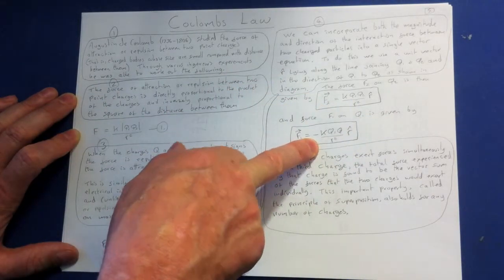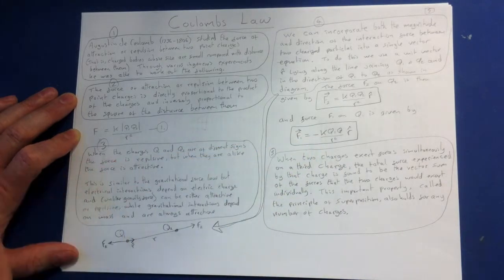So when two charges exert forces simultaneously on a third charge, the total force experienced by that charge is found to be the vector sum of the forces that the two charges will exert individually. This is an important property called the principle of superposition, and it also holds for any number of charges.